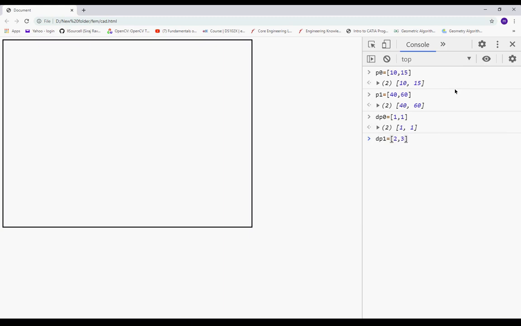So this was the setup. We are not taking the y coordinate here in this case. That's the only difference, but that's not going to make a difference.